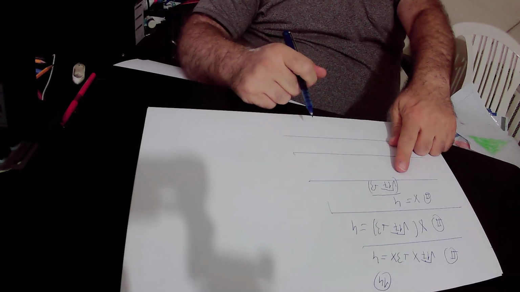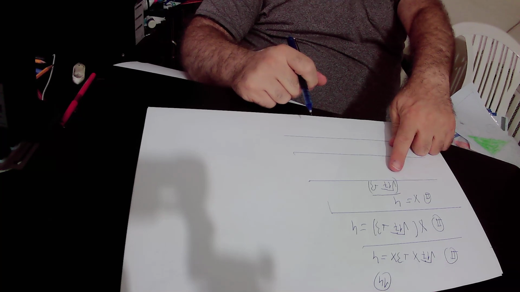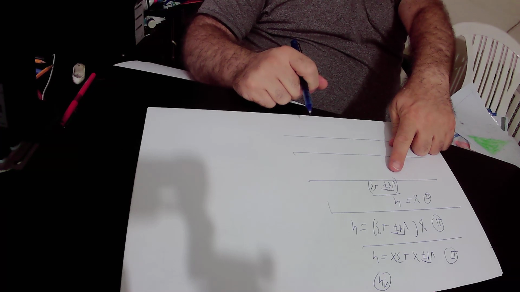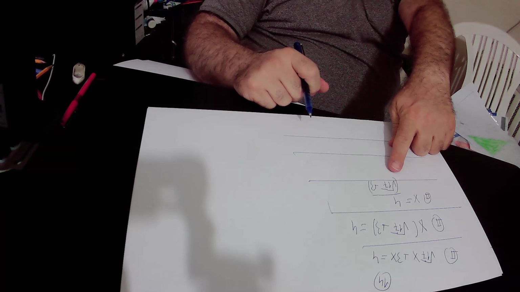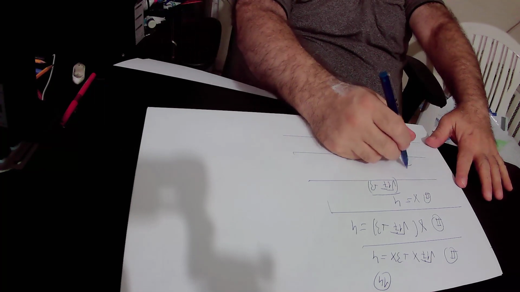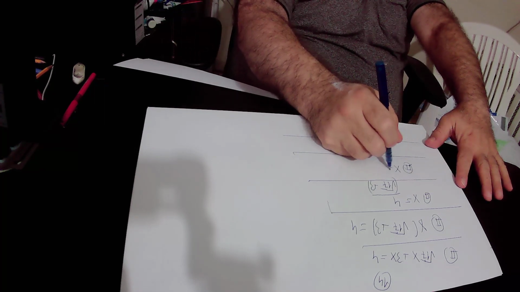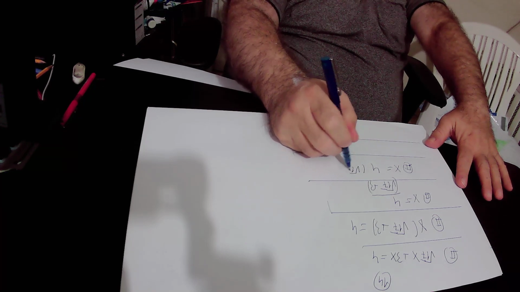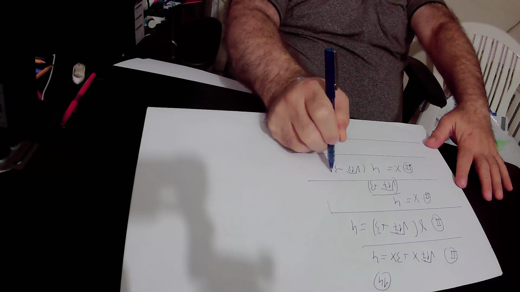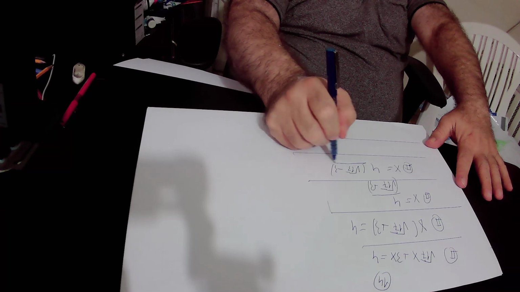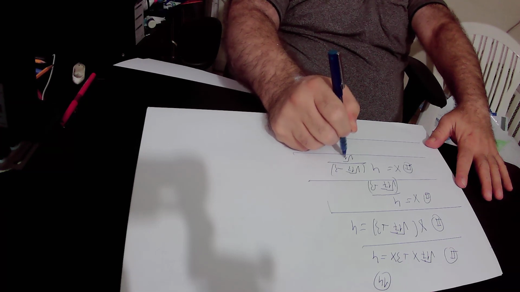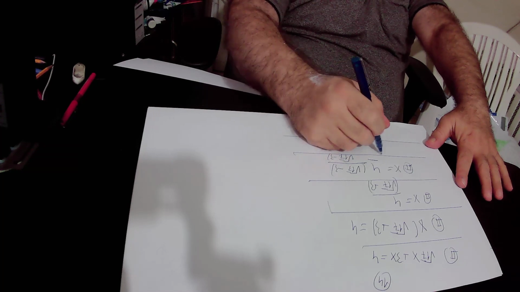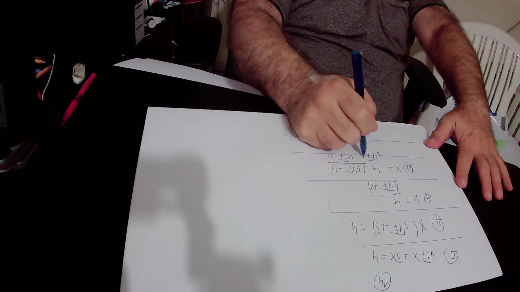Here we will multiply this side of equation number 2 by square root of 17 minus 3, and then divide it by square root of 17 minus 3, and we will get that x equals 4 times (square root of 17 minus 3) over (square root of 17 minus 3) times (square root of 17 plus 3).